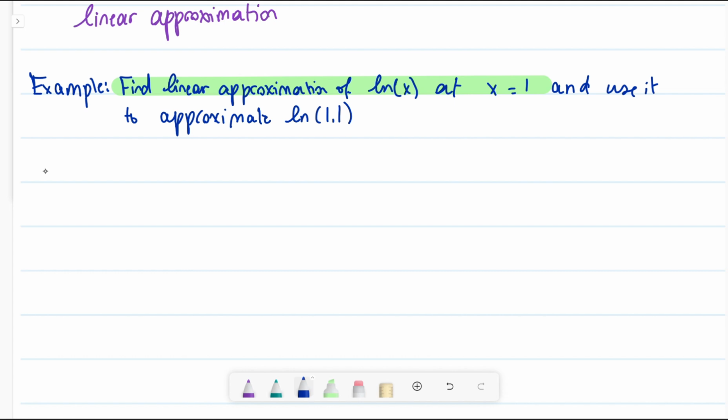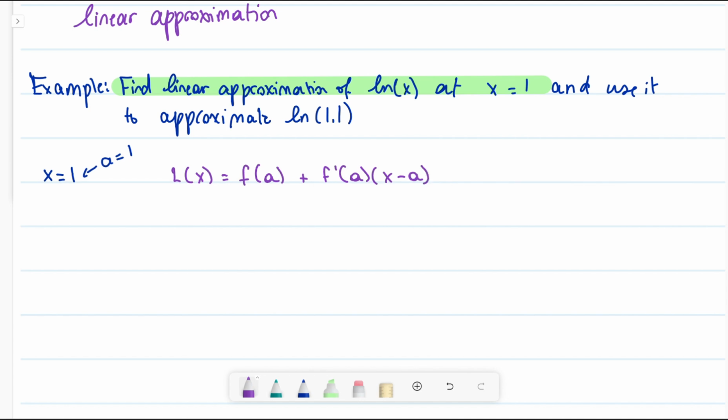Okay, so since we are finding the linear approximation at x equals 1, this means that a, in our above formula, equals 1. So first, let's rewrite the formula we got for L of x. L of x equals f of a plus f prime of a times x minus a.